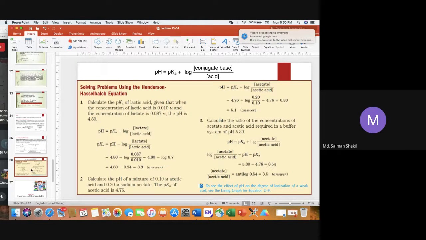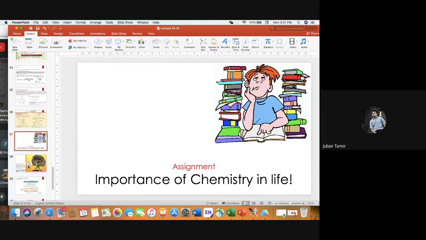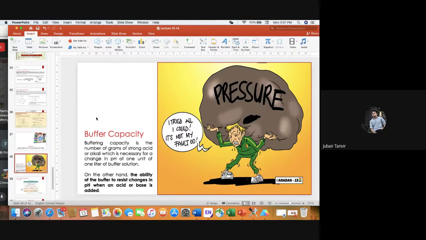Okay, so now using this equation we can calculate math, right? Easy, right? Yes, sir. Okay, so what is buffer capacity?